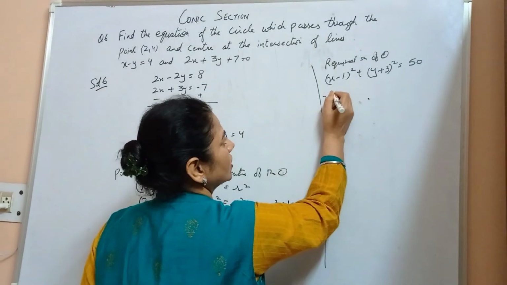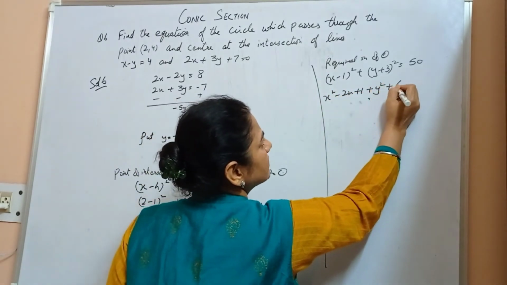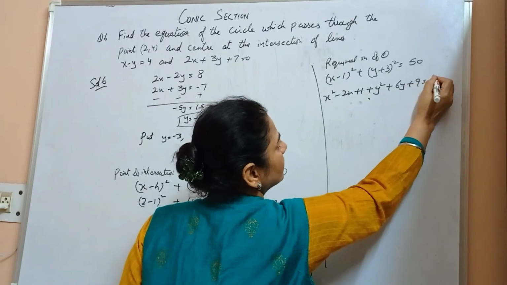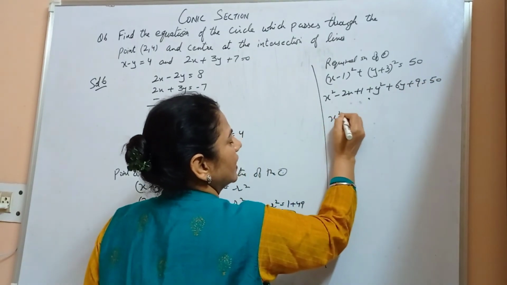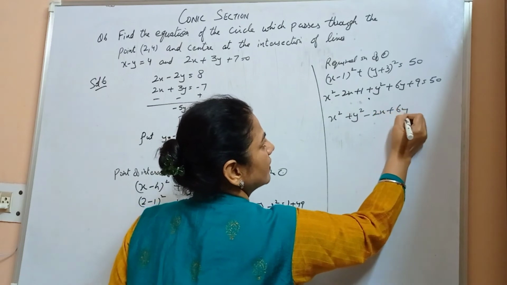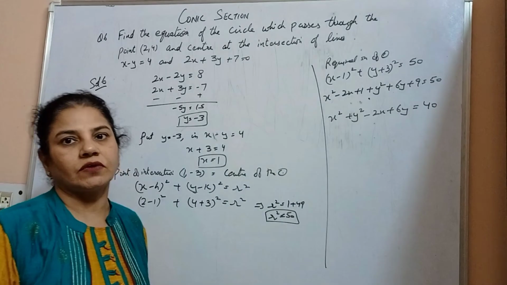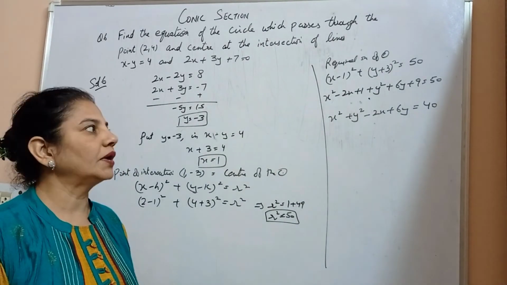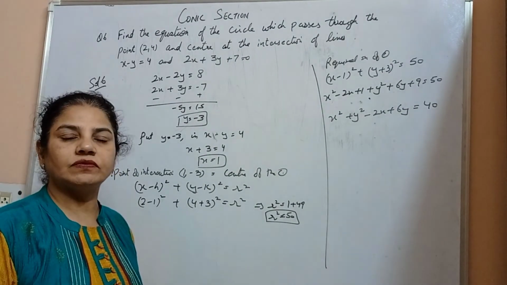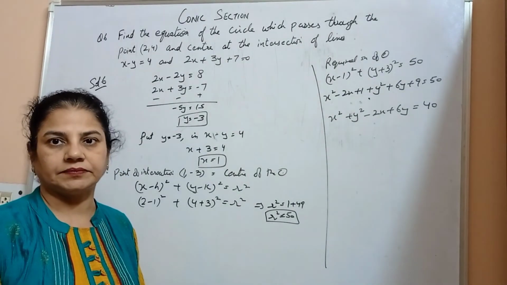So I have x square minus 2x plus 1 plus y square plus 6y plus 9 is equal to 50. Or I can say that x square plus y square minus 2x plus 6y is equal to 40 is the required equation of a circle.